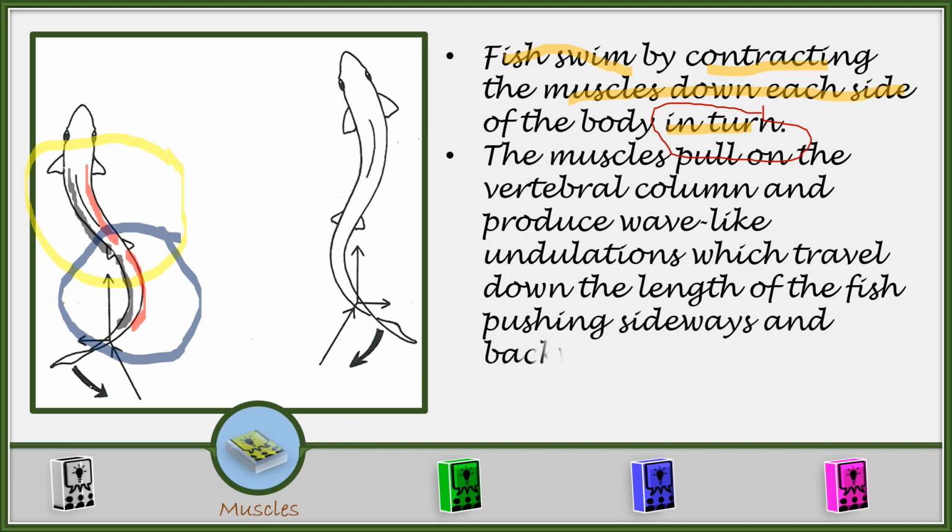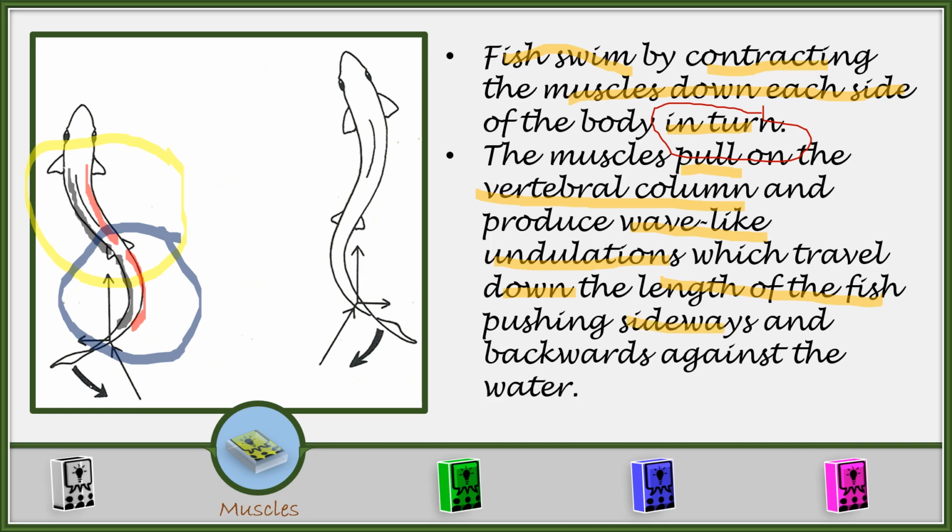The muscles pull on the vertebral column and produce a wave-like undulation which travels down the length of the fish, pushing sideways and backwards against the water. Because of this contraction, it is going to move the tail in that direction.